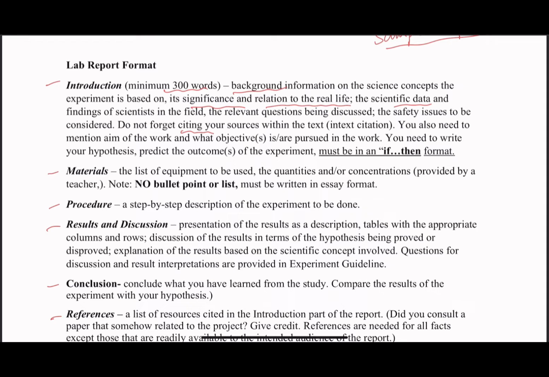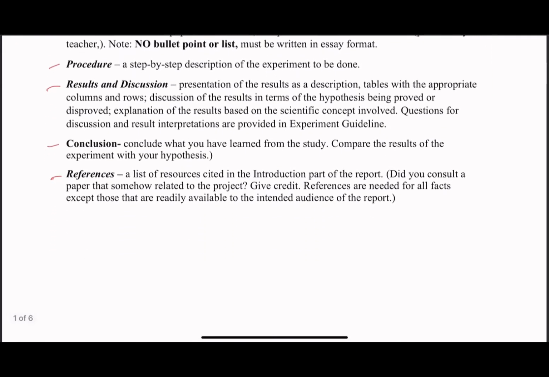For example, let's say we took this part of the introduction section from somewhere. We put a 1 in brackets, and we go into references. We say that we took it from book X, or you could give, for example, a website address.